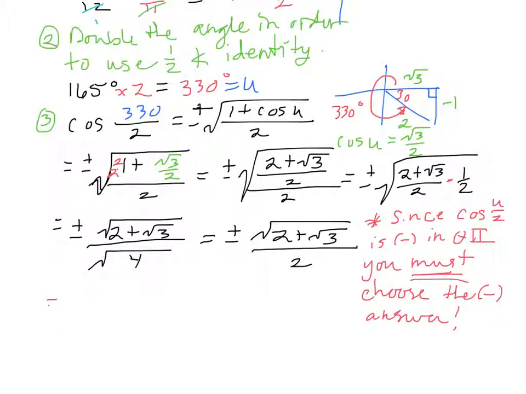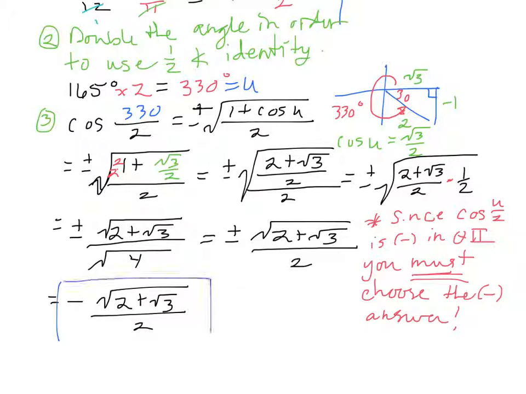So our final answer is negative square root of 2 plus the square root of 3 all over 2. So this is my final answer. And note that in Math Excel, you are going to be putting a radical underneath a radical. So be careful when you input that kind of an answer.